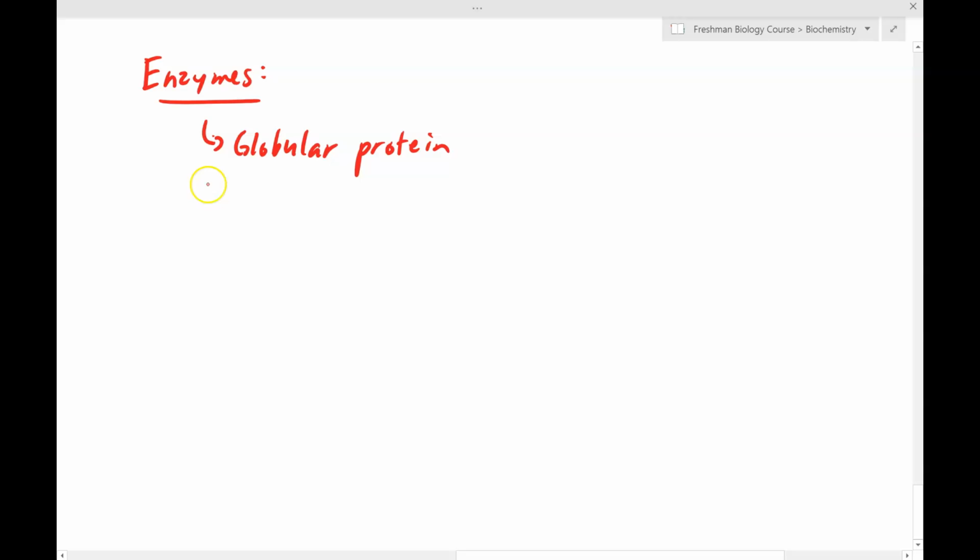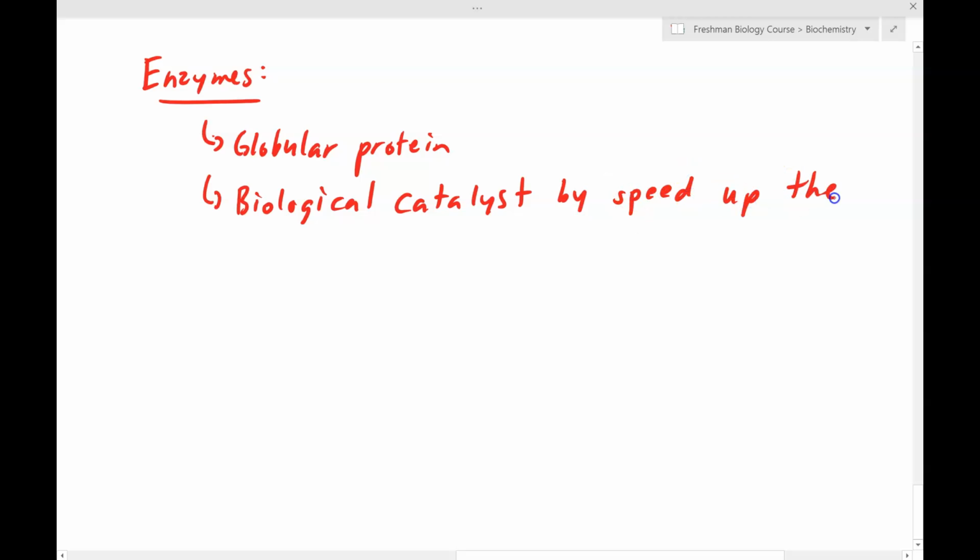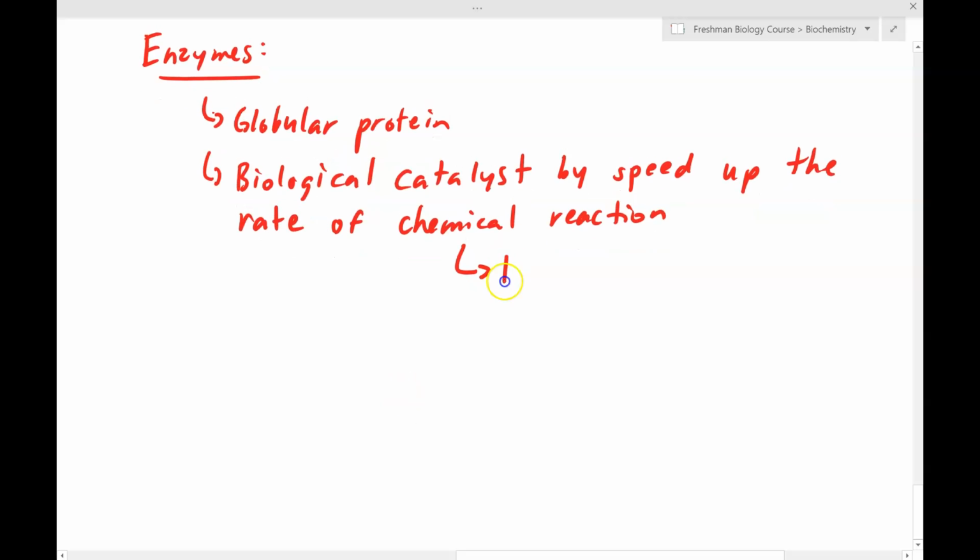An enzyme is also what we call a biological catalyst, because it can help to speed up the rate of a chemical reaction. It's going to speed up the rate of a chemical reaction simply by lowering the activation energy.